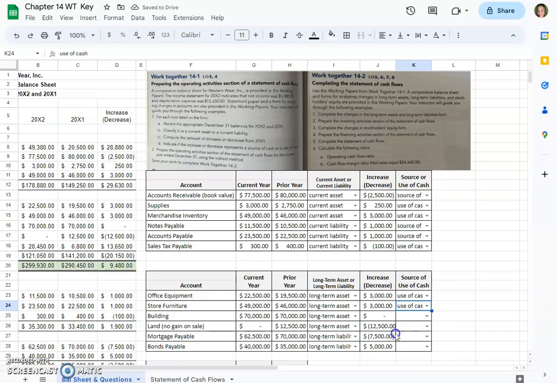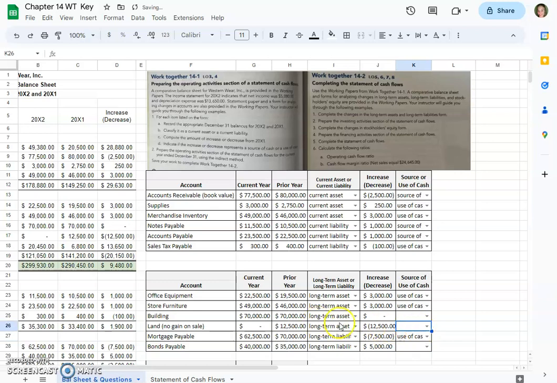So liabilities are a little different. The book explains on page 413, increases in long-term liabilities and the issuance of stock generally result in cash inflows or sources of cash, and decreases in liabilities result in cash outflows or uses of cash, right? So if your mortgage payable balance went down from prior year, it's a $7,500 decrease, then that's a use of cash because we had to use money to pay that down, right?